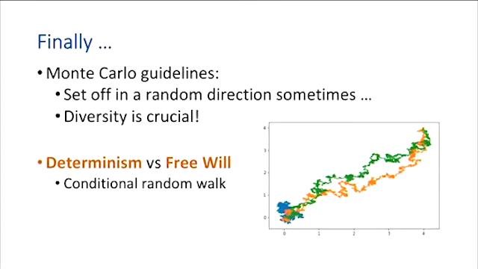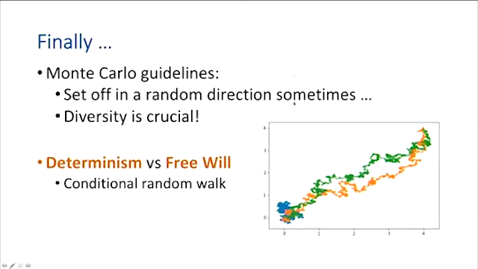Yeah, and when you do Monte Carlo simulation with evolutionary algorithms or something like that, it's always very important to have a diverse population. Yeah, so that's also very poignant for today. Diversity is crucial.